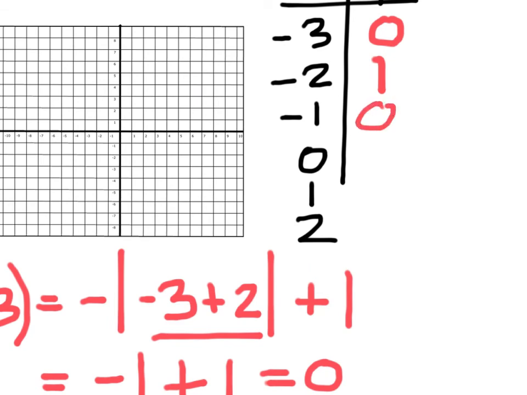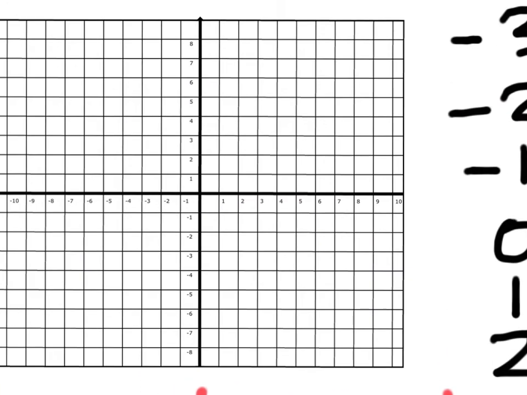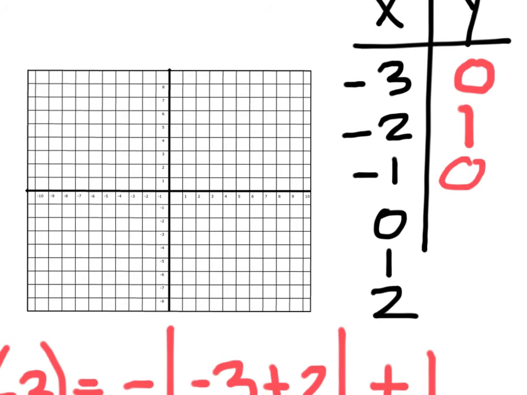Whenever you see the change, notice you had negative 3, 0, and then negative 2, 1, and then you put in a negative 1 and came back with another 0. That means you have changed there. Your vertex has been found. The number that's in between the two that are the same there, the exact middle, will more than likely be the vertex. So we can go through and look at that and plot what we have so far.